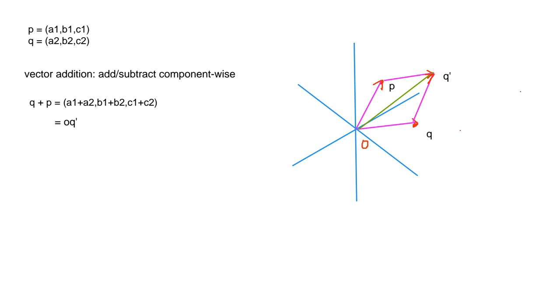So this is the geometric meaning of adding two vectors.